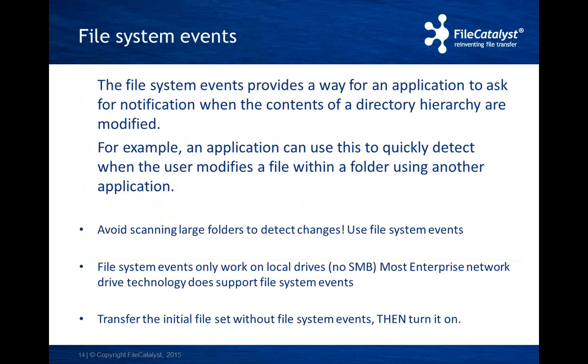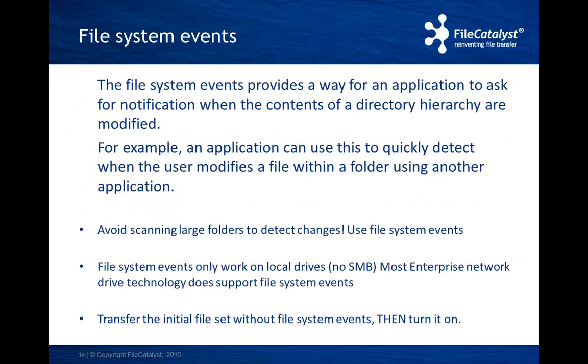The file system events have a bit of a limitation. If you're mapping network drives, especially on Windows or via SMB, you will not get file system events for the mapped network drives. The file system events will only come in for the local hard drives.